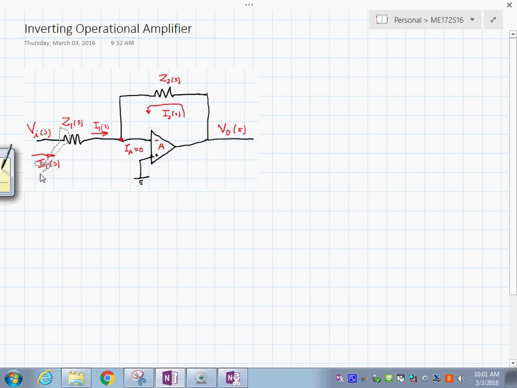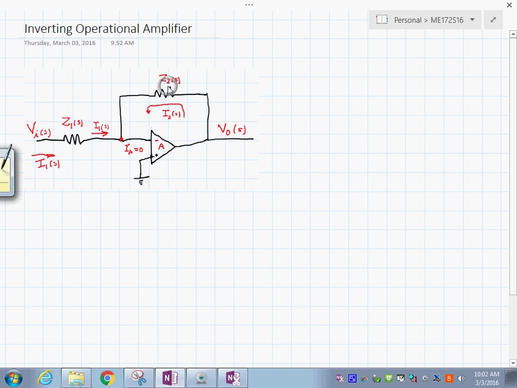This is the operational amplifier, and it has a resistor at the top, whose impedance is just the value of the resistance. One thing we are going to do for this device, the way this works, is that the current from here to here is 0.